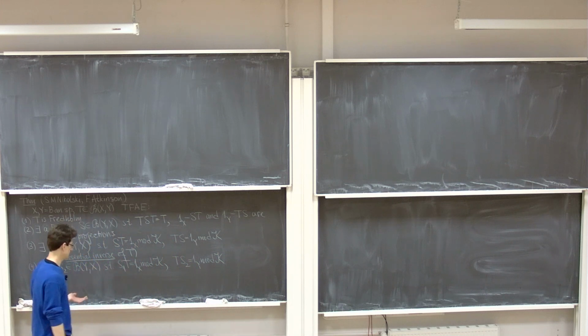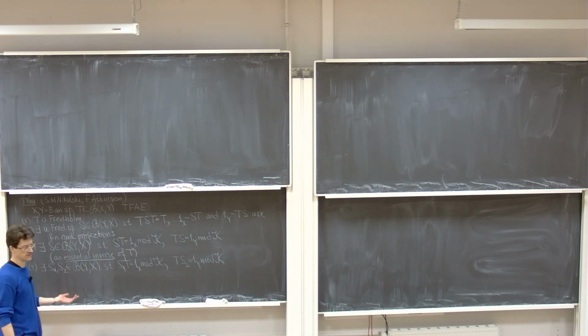So roughly this means that T is essentially left invertible and essentially right invertible. And this turns out to be equivalent to the essential invertibility. So these four conditions are equivalent, and moreover, there is some additional information.